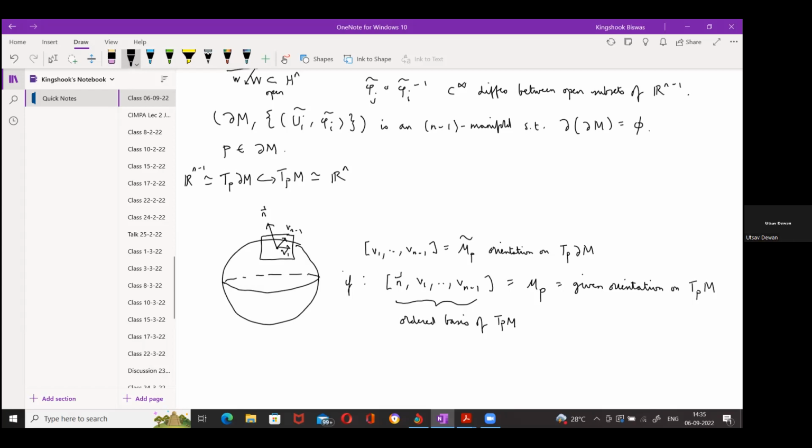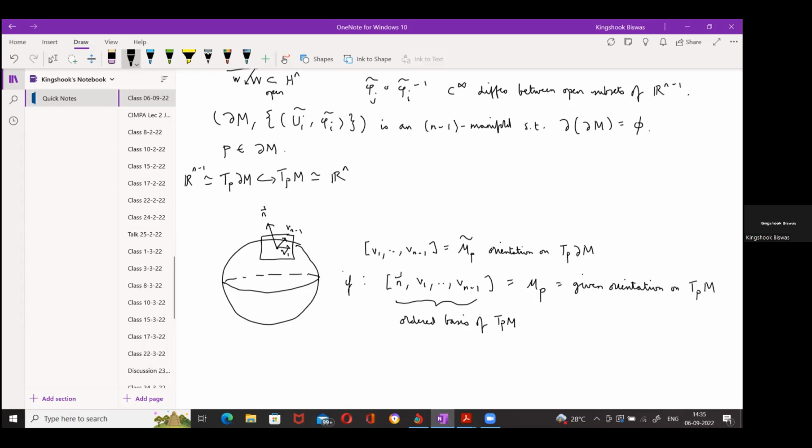Yes. So we have to check this is well defined, independent of the choice of ordered basis v1 to vn minus 1 such that this is true, and of outward vector n.